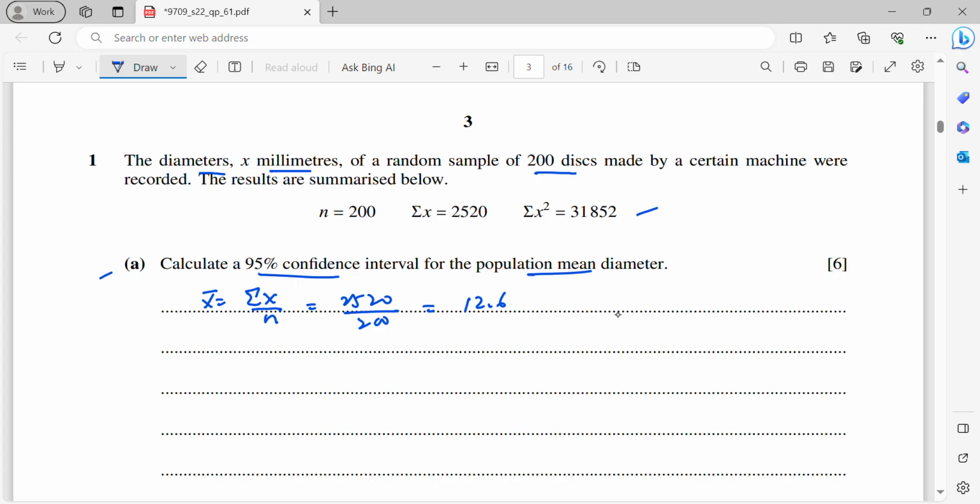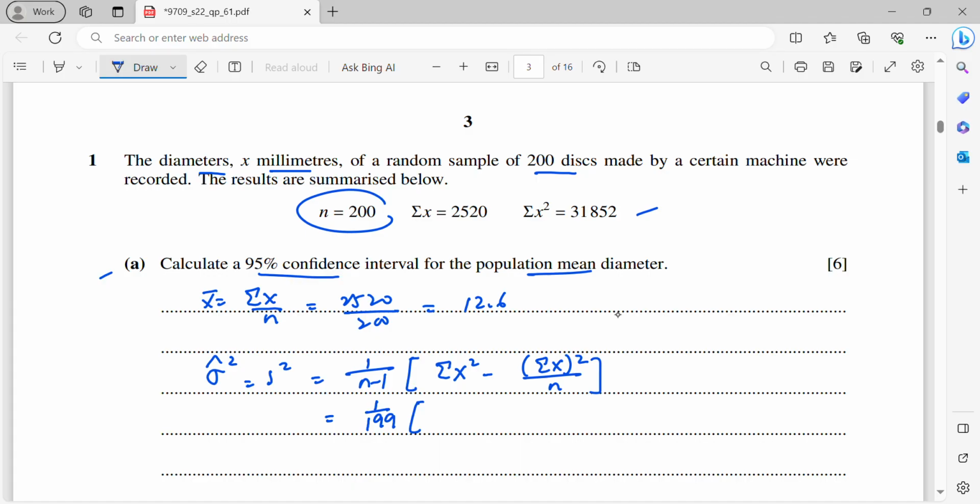And then at the same time, we need to calculate the unbiased estimate for variance. So that is the s squared, and the formula is 1 over n minus 1 multiplied with summation x squared minus square of summation x divided by n. Then when I replace the values, it will be 1 over 199 because your n is 200.